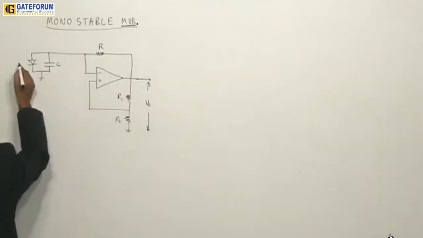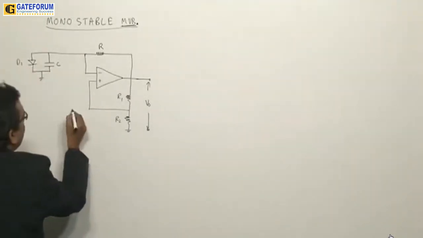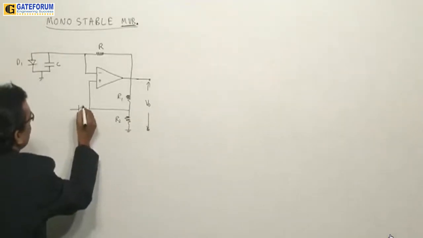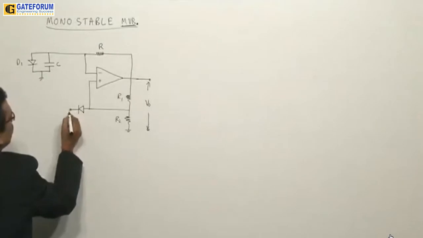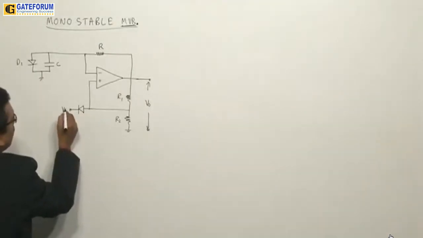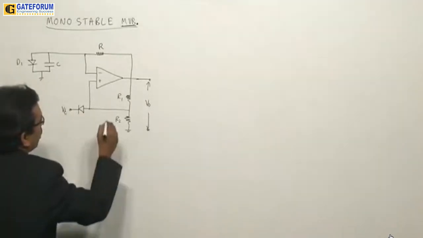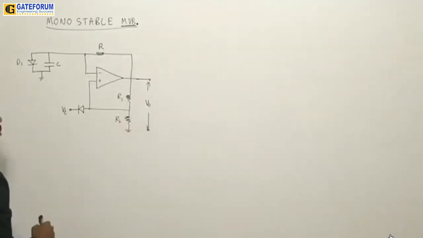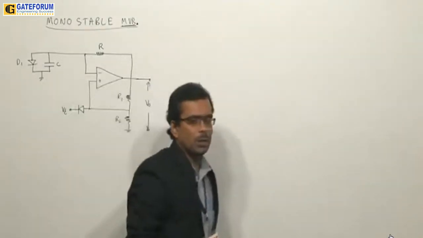That is the difference which you find here. So this is diode D1 and we add one more diode to give trigger input to this circuit. So like this. So this is here nothing but trigger input we have here. So once you have this part, so this is a monostable multivibrator circuit.